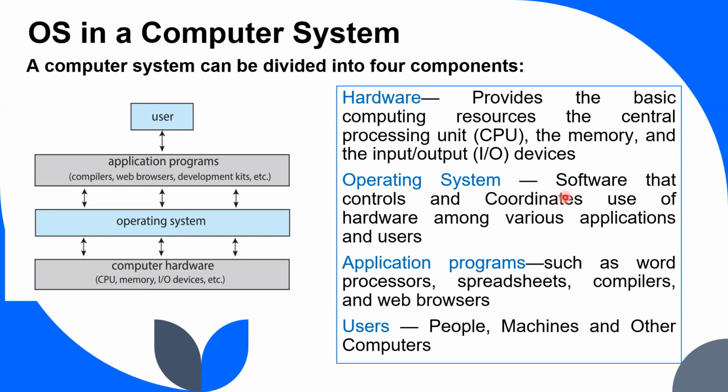An operating system is the software that controls and coordinates the use of hardware among various applications and users. Application programs include any program that we are able to run on our device, such as the word processor, spreadsheets, browsers or any application that we use.